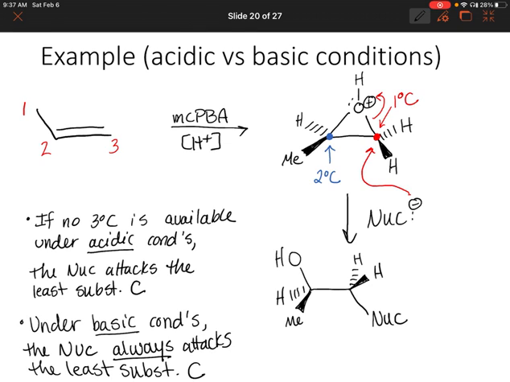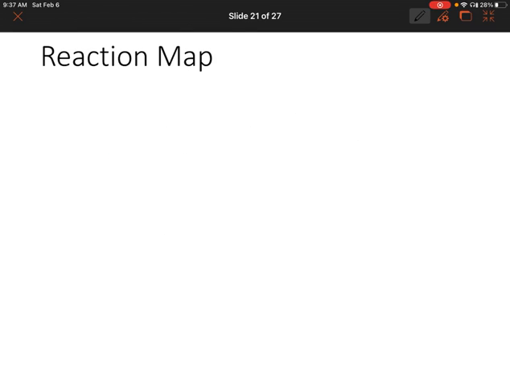So let's just summarize all of the possible reactions. What we're going to do is split this up into acidic conditions and then non-acidic conditions. So let me draw an epoxide here in the middle, and we're going to give it a tertiary carbon.